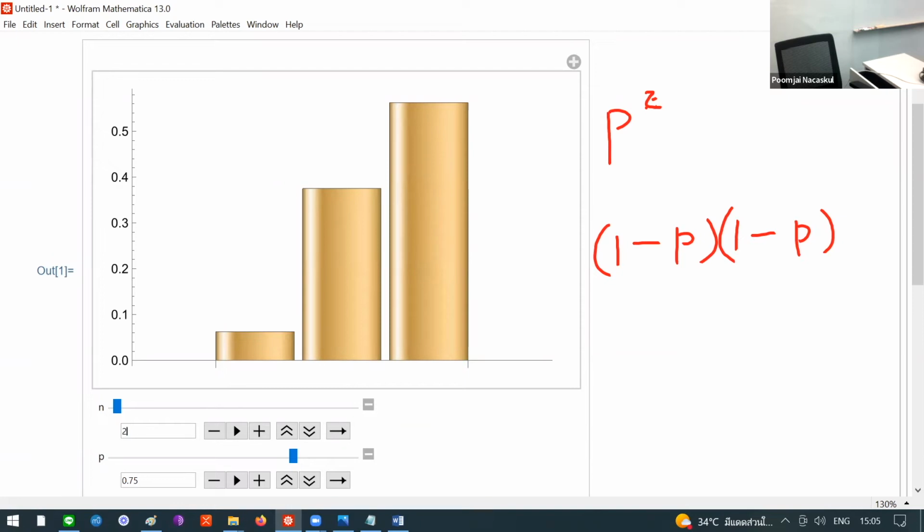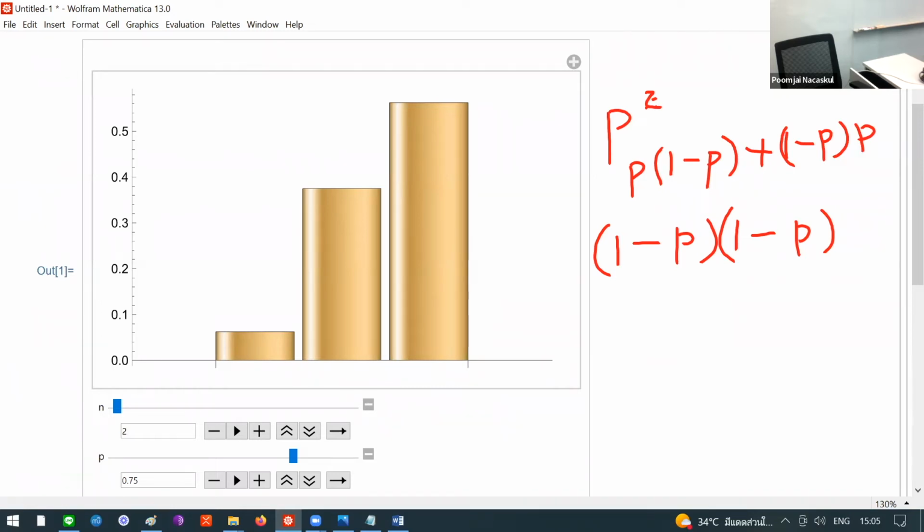Well, you have two situations. You can have 1 in the beginning and 0 at the end, or you can have 0 at the beginning and 1 at the end. So you can have 1 times 0, or you can have 0 and 1, right?